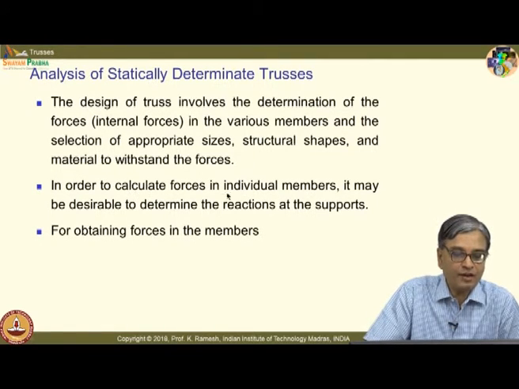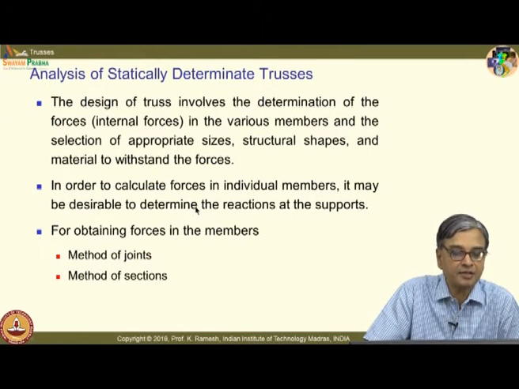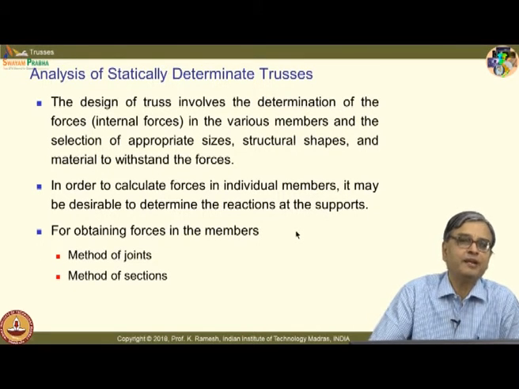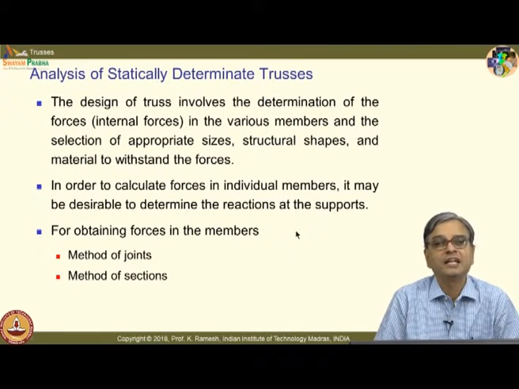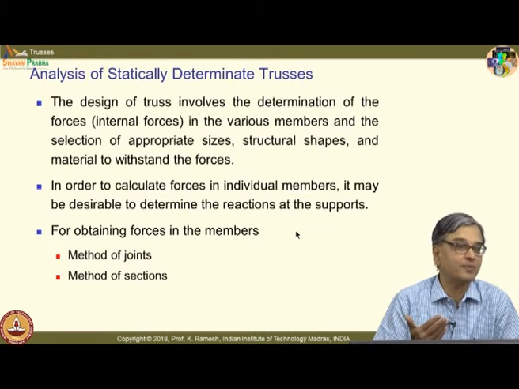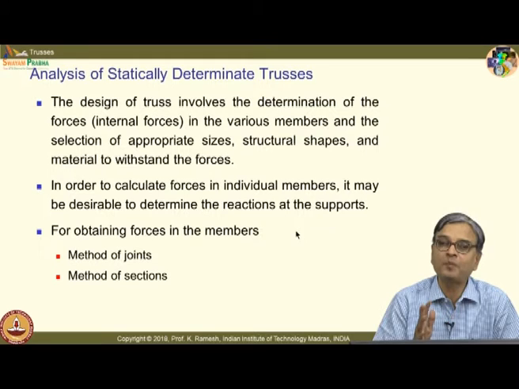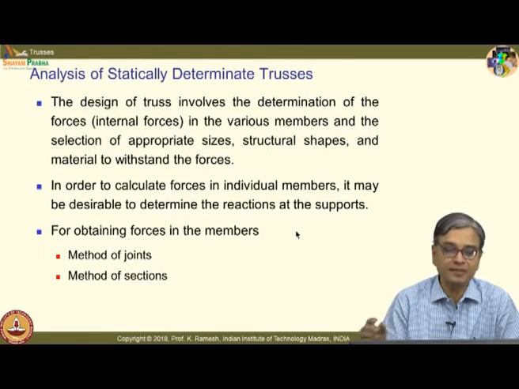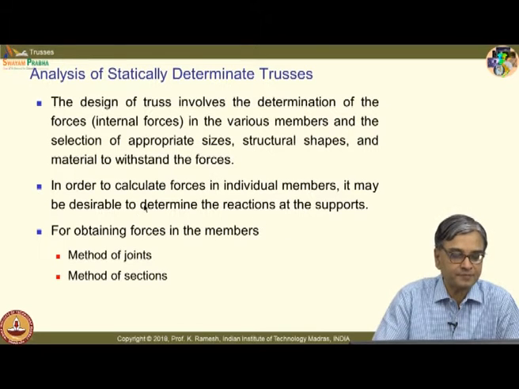In order to calculate forces in individual members, it may be desirable to determine the reactions at the supports. I have deliberately put it this way. In some problems, even without finding the reactions, you can go ahead and solve the problem. It depends on the problem situation. In several situations, it may be desirable to start from the supports.